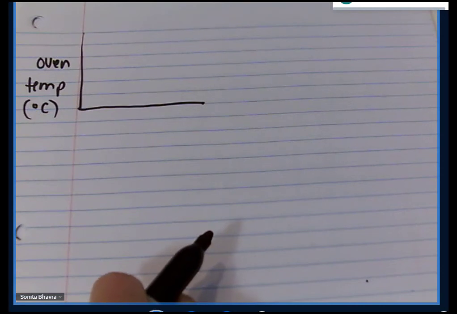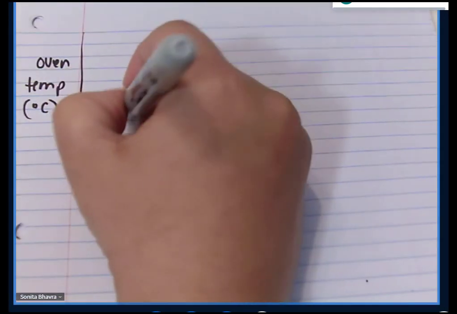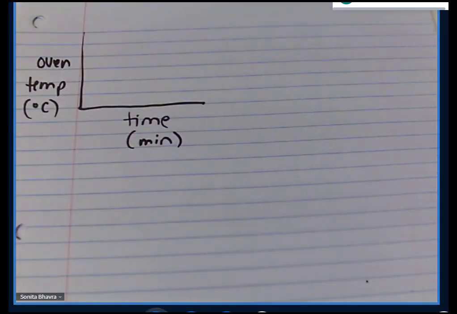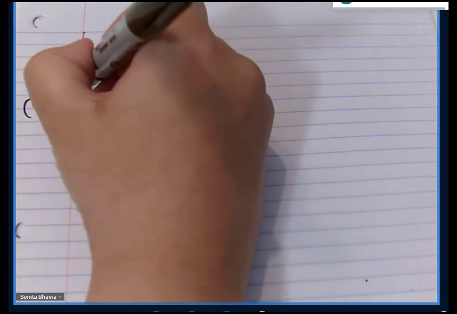All right, so this is the oven temperature, degrees Celsius, and this would be our time in minutes. All right, so whatever the temperature is, starting point of the oven, it's not going to be at 0. It would be something like room temperature.